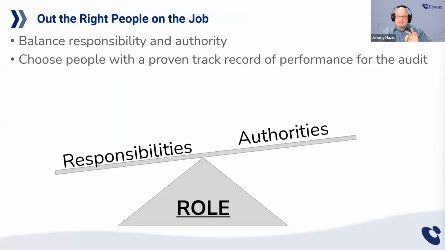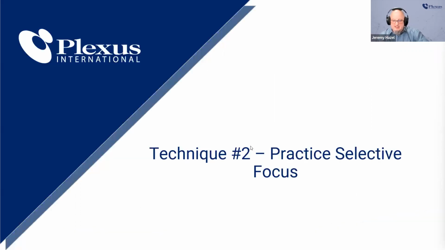So the first technique, balance the responsibility and authority, choose the people that already have a proven track record of performing. And the reason why I want the bridge builders, your audit will be directly determined by getting your auditee to do what you need them to do, even though you don't have direct authority to get them to do it. So if you're not speaking to them in the way that they receive it, you'll never have the right level.